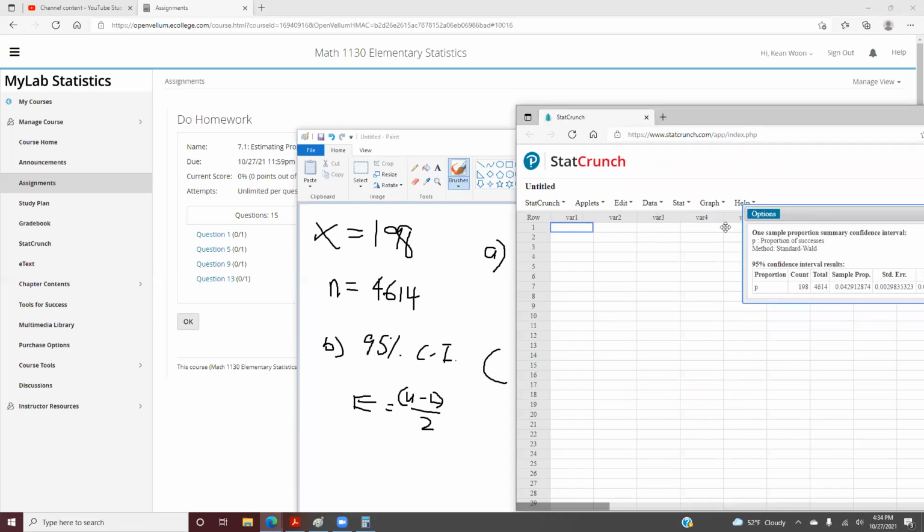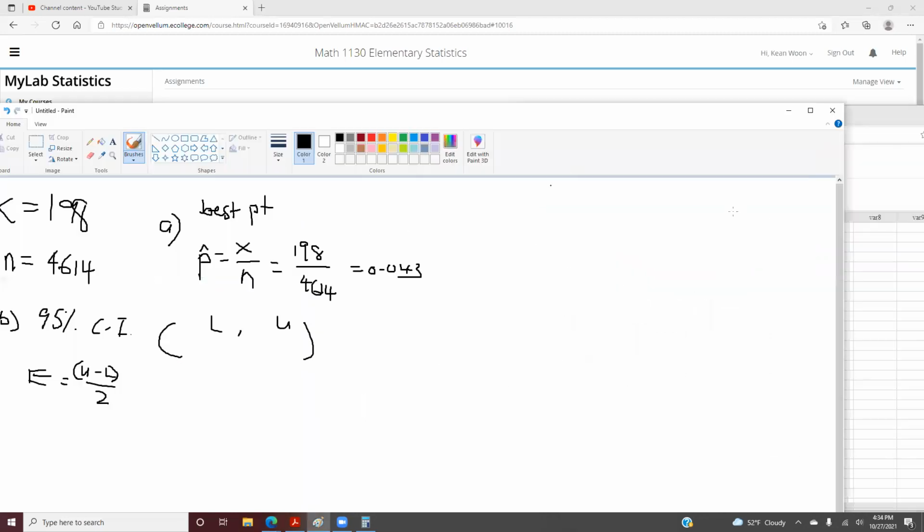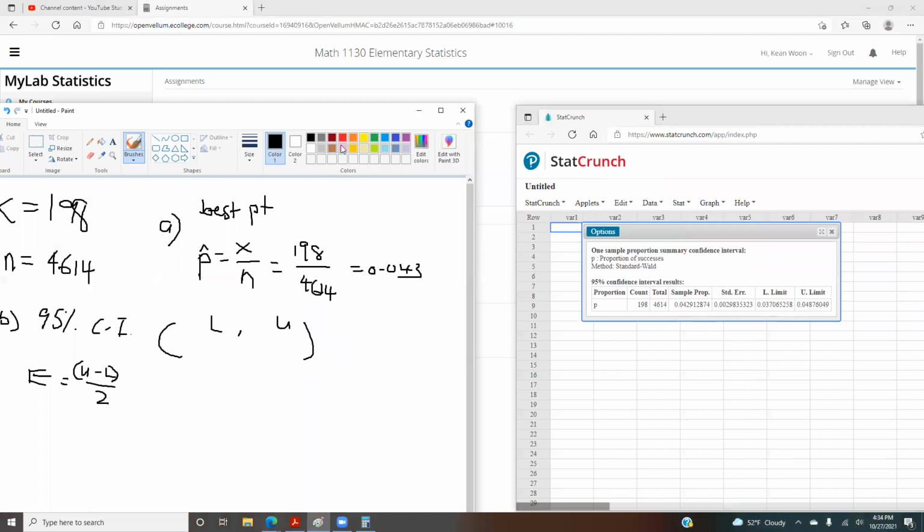So the lower and the upper in this case is this number, 0.0 something. The lower in this case will be 0.0371. Usually I go for 4 decimal places. The more you round, the better your answer, the less error you get.